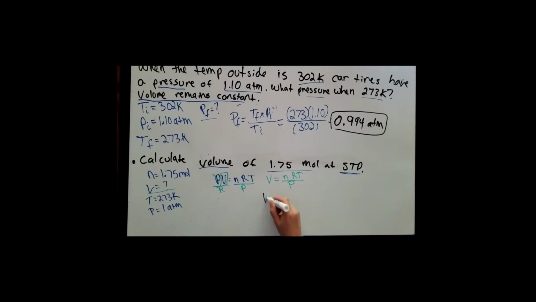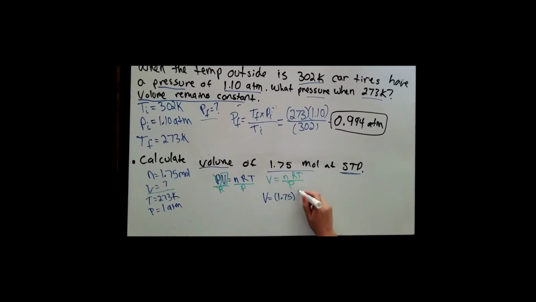All right, when you go to solve it, you know what n is. That's 1.75. And you're supposed to multiply that number of moles by R. Well, notice they didn't give us R in the problem. But that's okay, because R is a constant that's given to you on the equation sheet right underneath this equation, because the R is always going to be the same in this class.